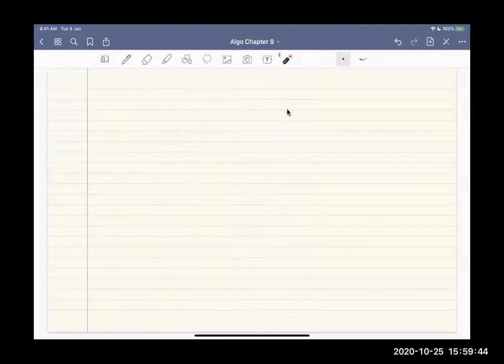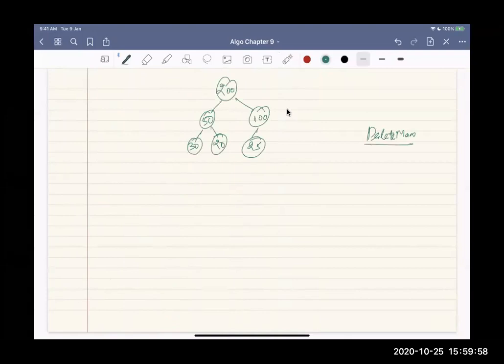What will I do? Then you would delete max. So 200 will no more be there, and the size will decrease by 1.